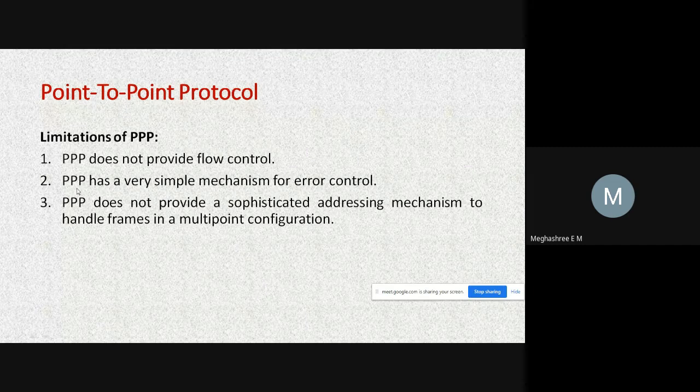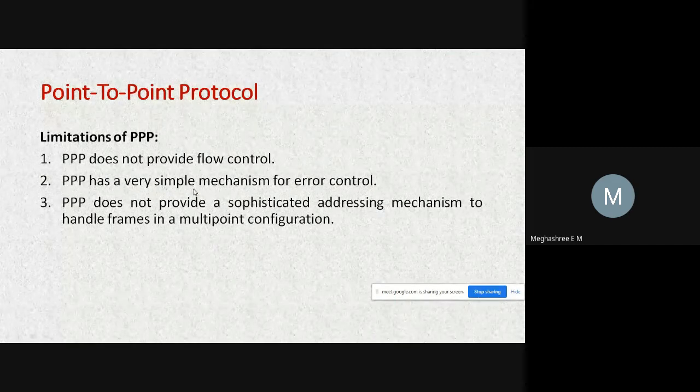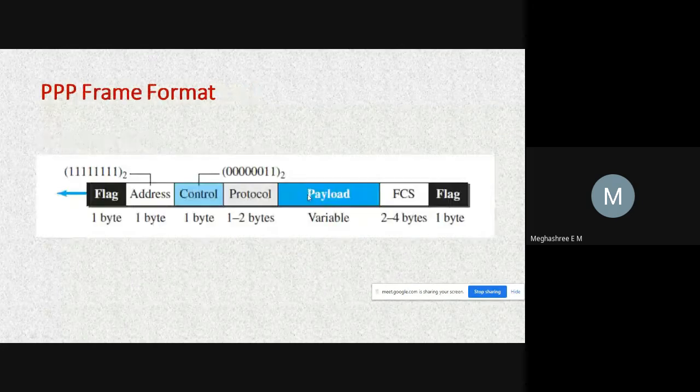Okay, and the next one is PPP has a very simple mechanism for error control. As you can see here, this field deals with error control, right? This is 2 to 4 bytes. It says very simple error control mechanisms are implemented in the PPP protocol.